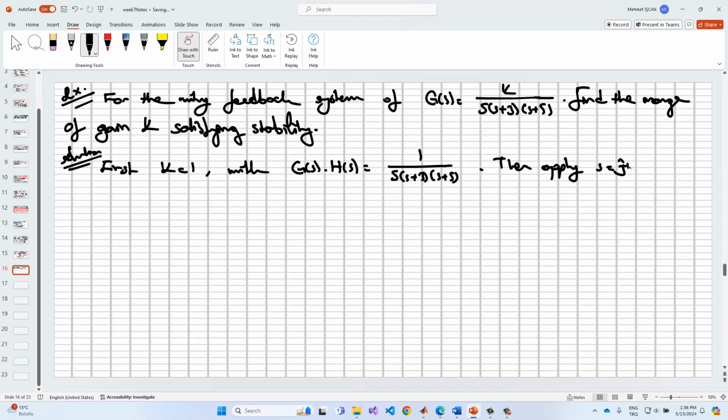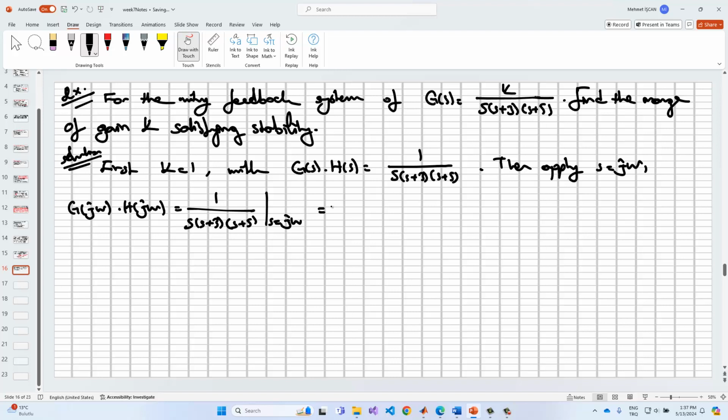Then apply s equals jw. Then we have G(jw) times H(jw) equal to 1 over (s plus 3)(s plus 5), with s equal to jw.